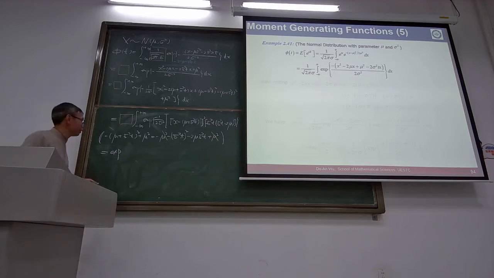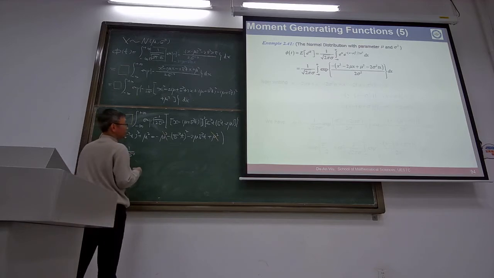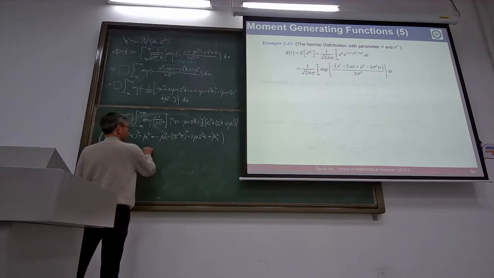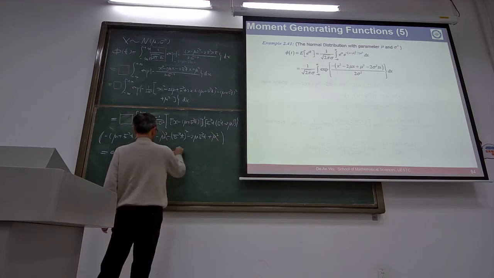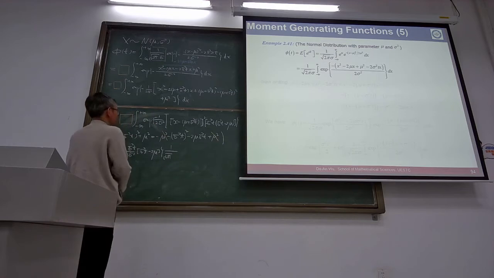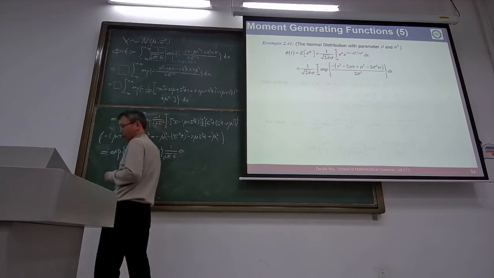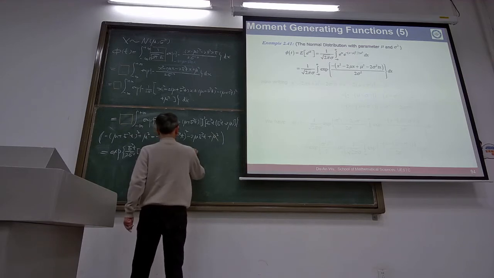To find the moment generating function is not so easy. So exponential of sigma squared t, and sigma squared t minus 2 mu, by this part 1 over sigma, exponential.